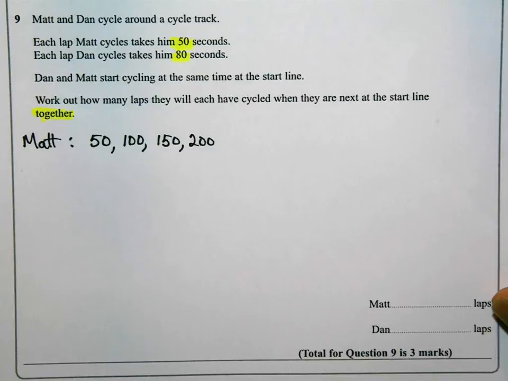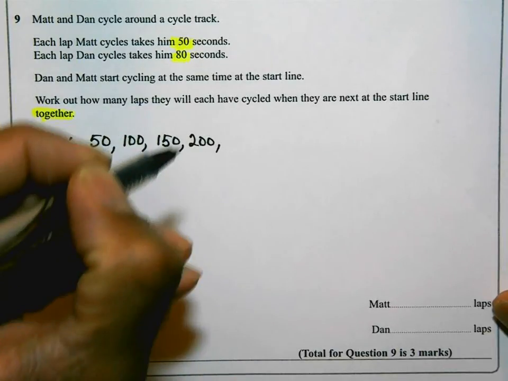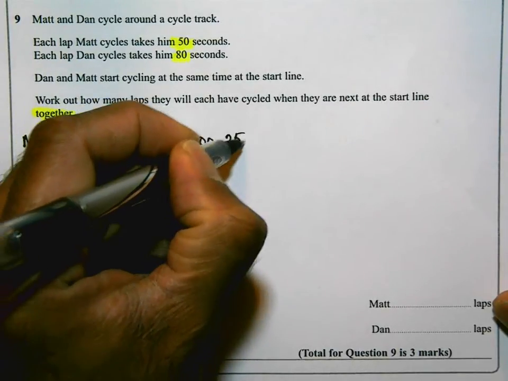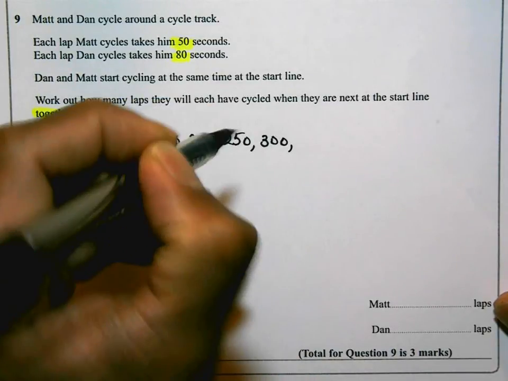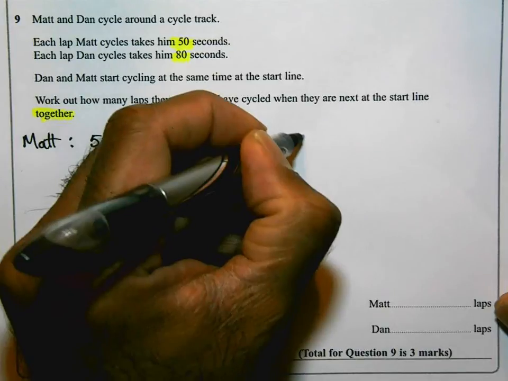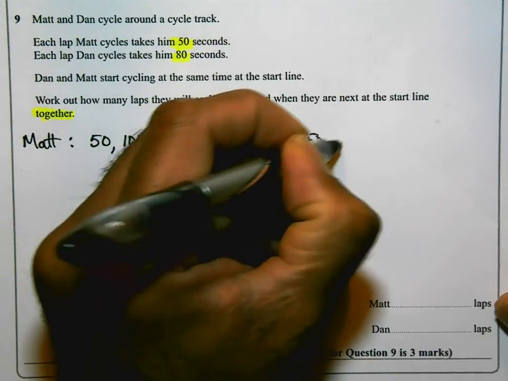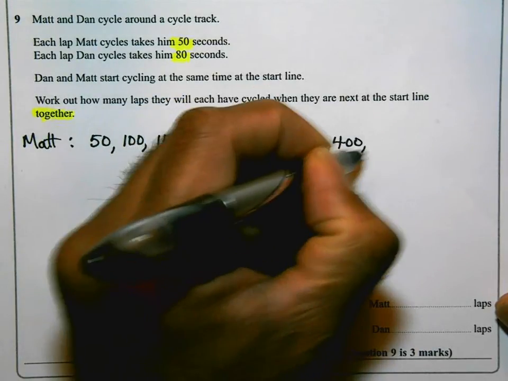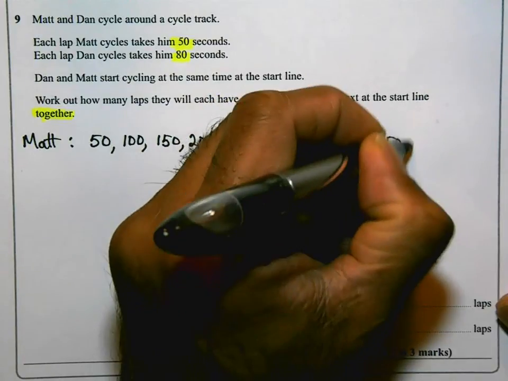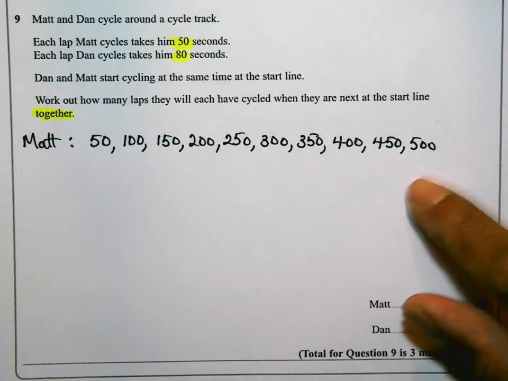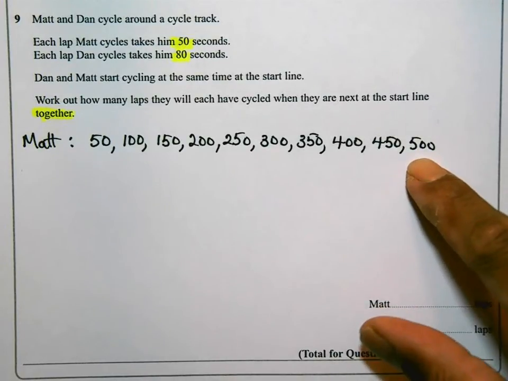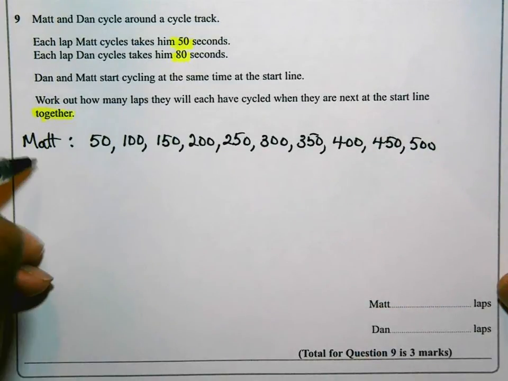And I'm actually going to carry on this pattern. So that's actually 10 laps worth. It will take him 500 seconds to do 10 laps, and he'd be back at the start line.